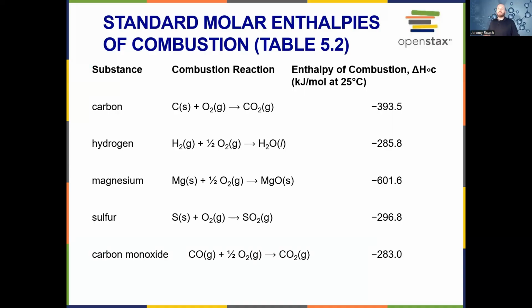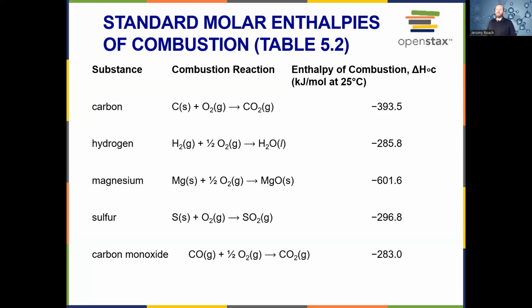We also have a table for standard molar enthalpies of combustion, and this lists the standard enthalpy of combustion values in kilojoules per mole for various substances. So for carbon, the standard enthalpy of combustion is negative 393.5 kilojoules per mole. So again, this is at standard state at 25 degrees Celsius.